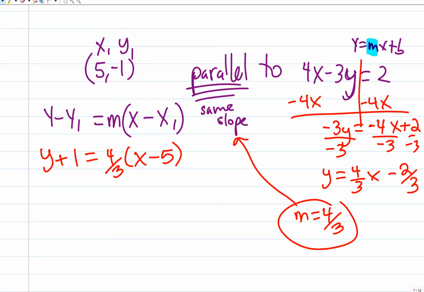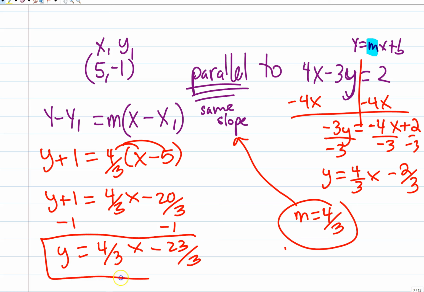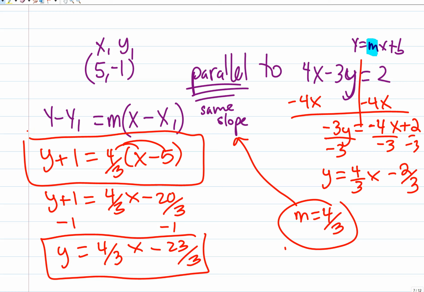If not, we take the 4/3 and we, depending on the question, either of those will be your answers. The skills don't change. Distribute, subtract it away.